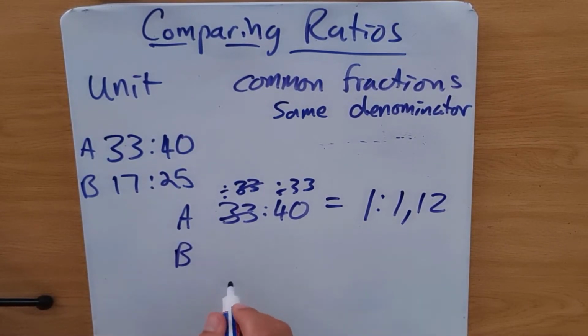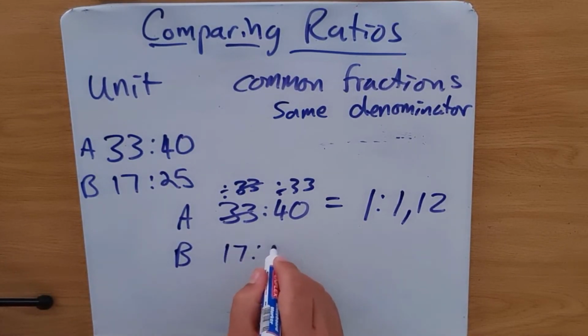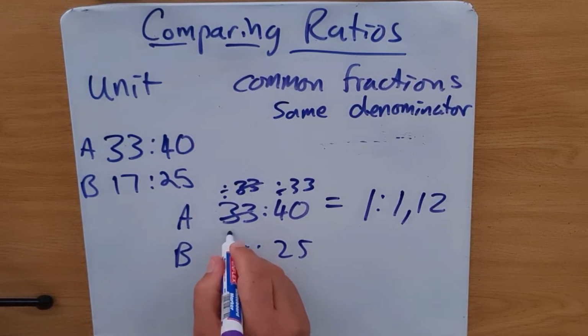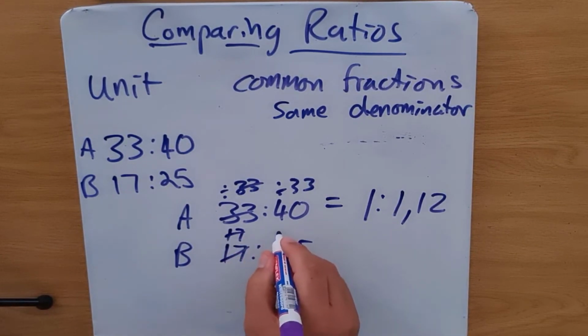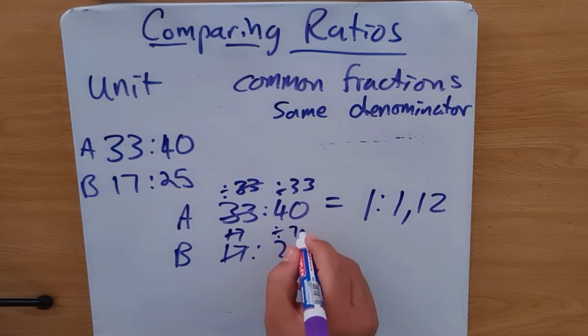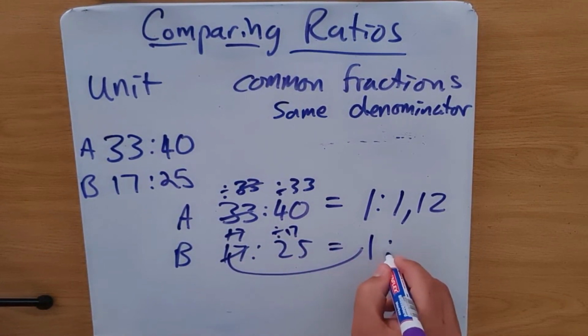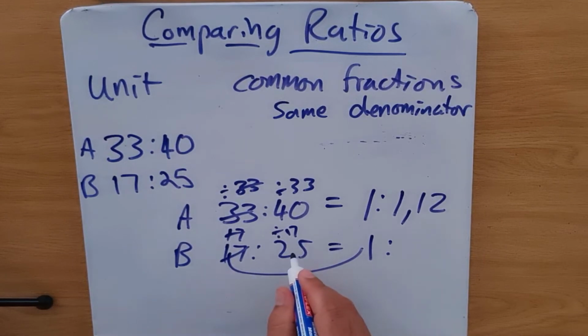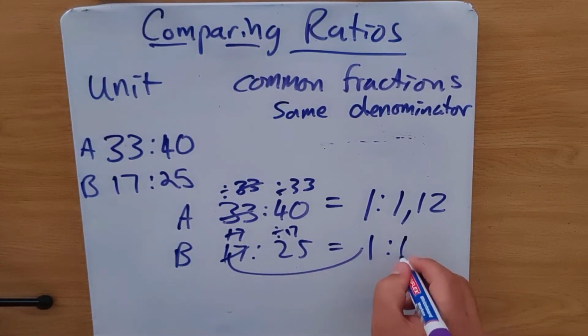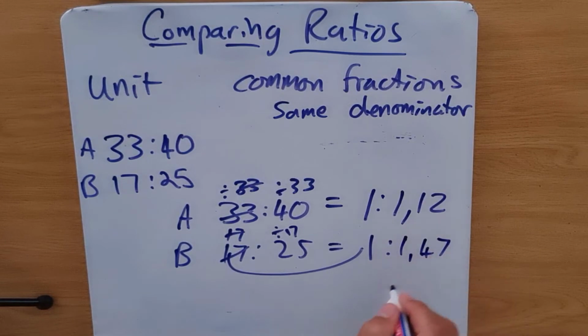School B, we're going to do exactly the same thing. We've got 17 to 25. Divide that by 17, divide that by 17, and I'm going to end up with a ratio of 1 to 17 divided by 25, 1,47.